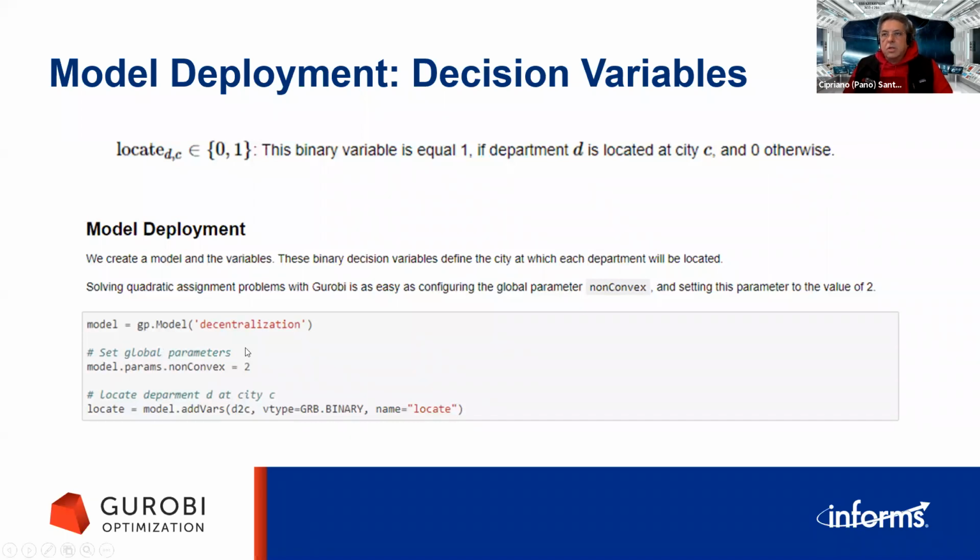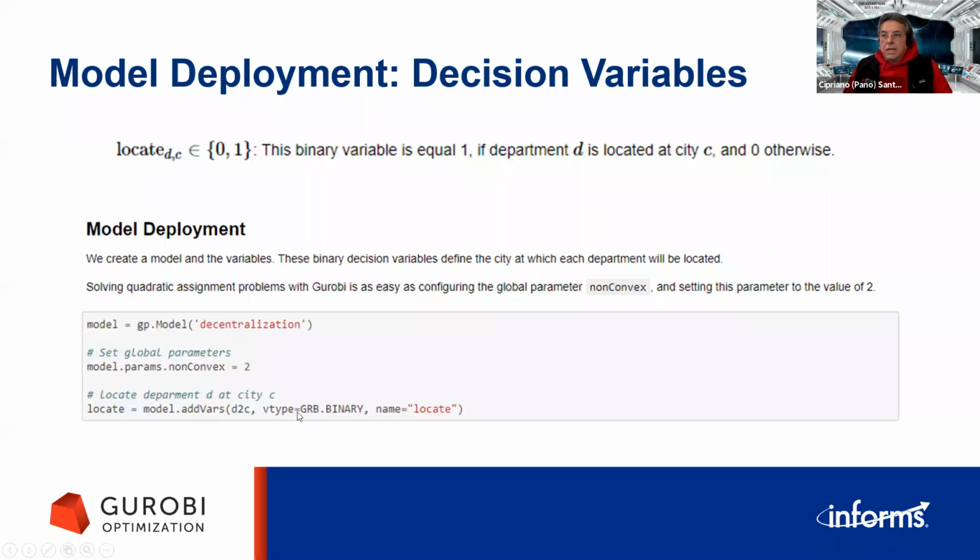decision variables. So to solve this quadratic assignment problem, we need to invoke the global parameter NonConvex, and we set that parameter equal to 2. So that's what we have here. And then to define the location variables that will say in which city each department is going to be located, we use the addVars method, and the indices or keys of this object locate are going to be defined by the cross product between departments and cities.